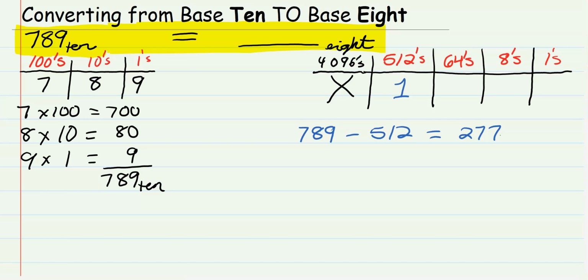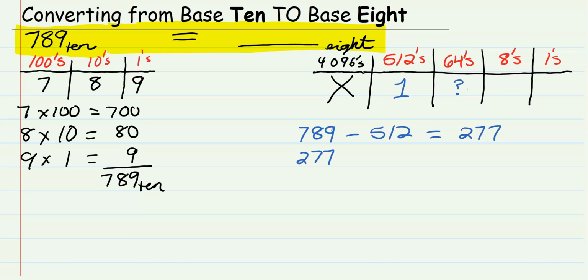Out of the 277, how many 64 do I have? When I ask you that question, what operation will you have to do to find that out? How many 64 are there in 277? Well, you would divide, right?